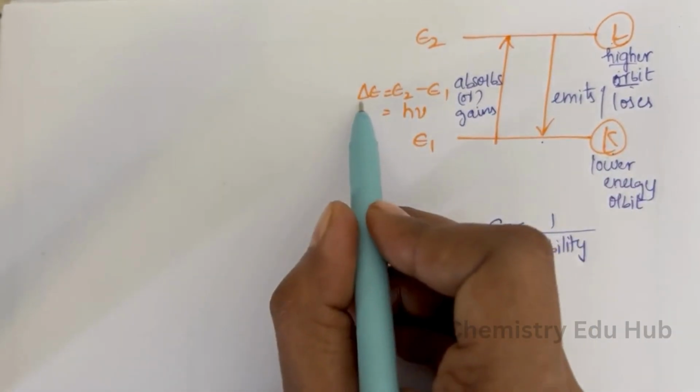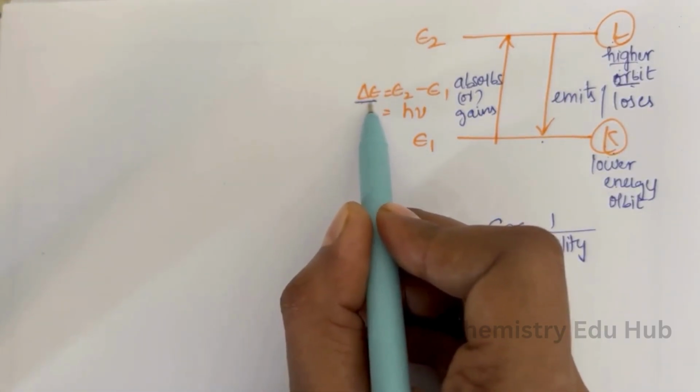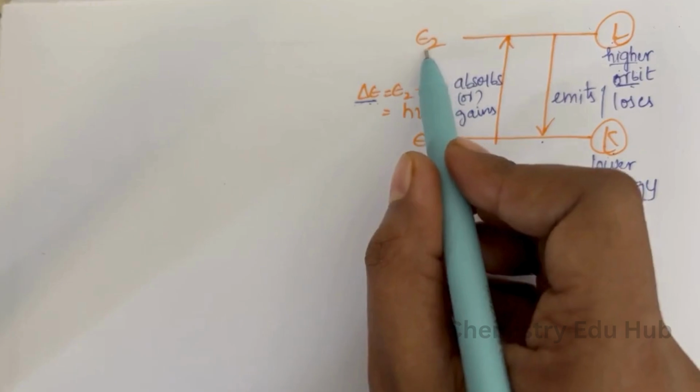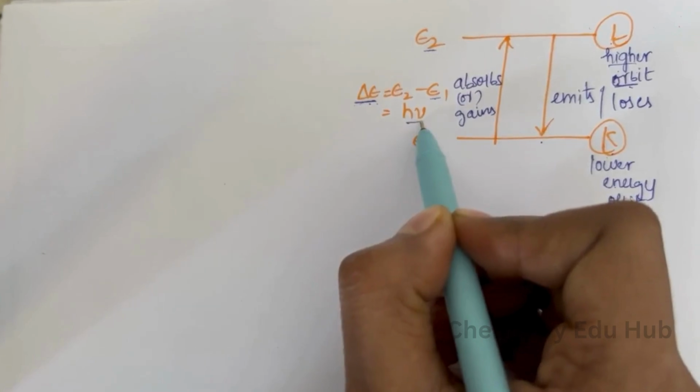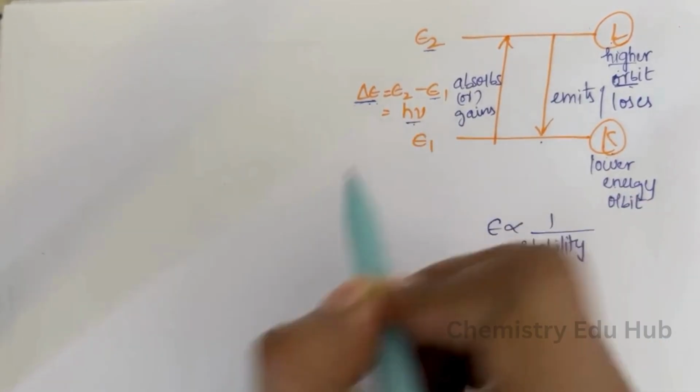Emits or loses, absorbs or gains energy. So the difference in energy, delta E, is the difference in energy, which is nothing but higher energy level minus the lower energy level, which is h nu, that is the Planck's equation.